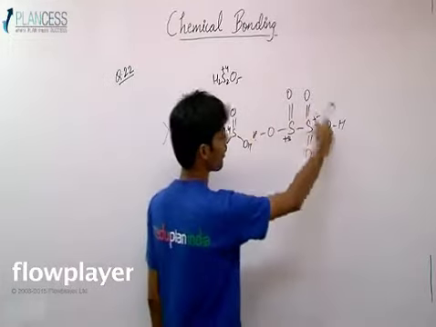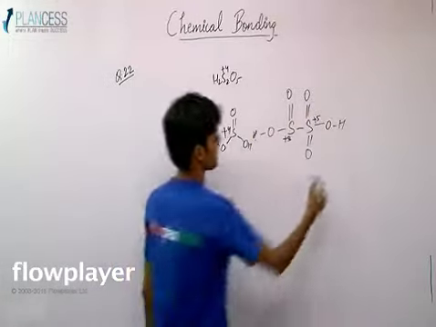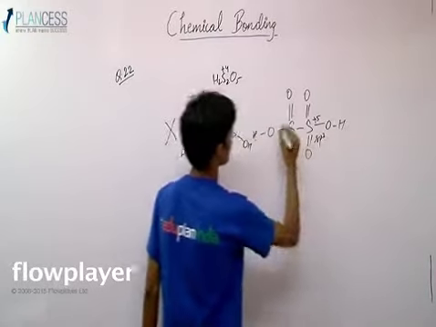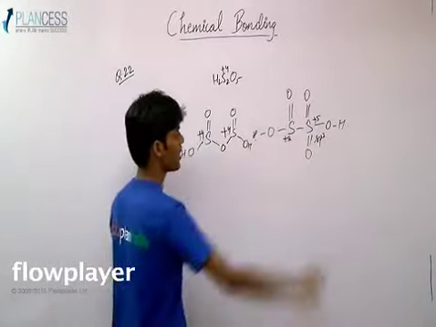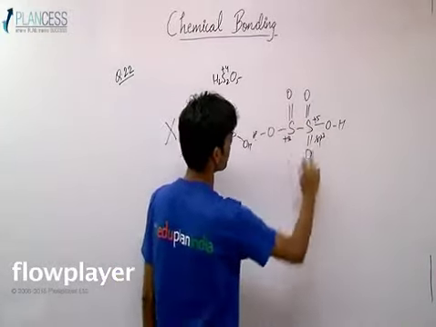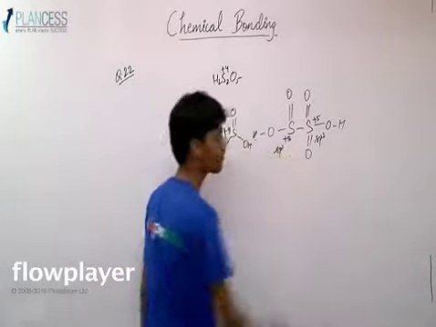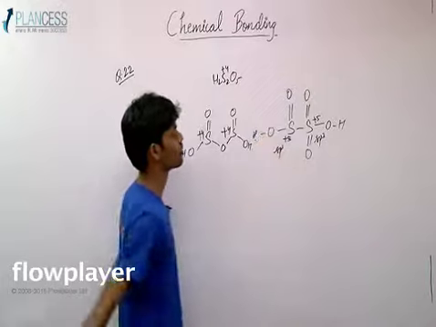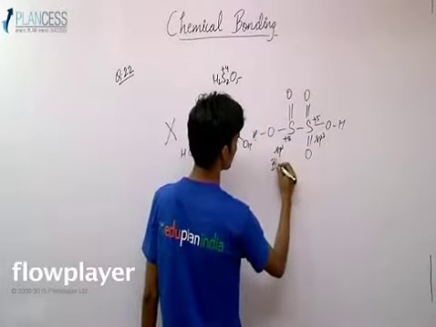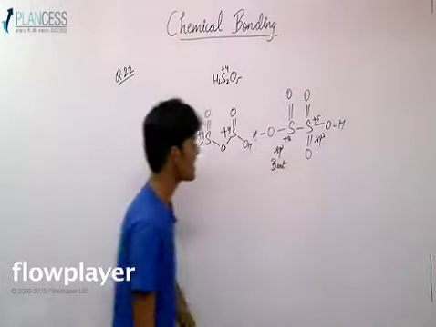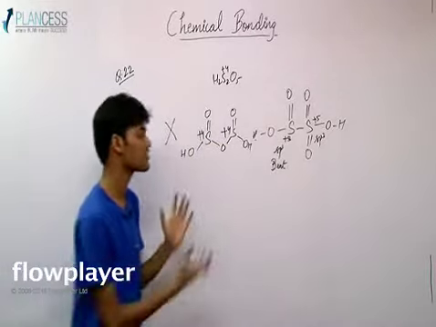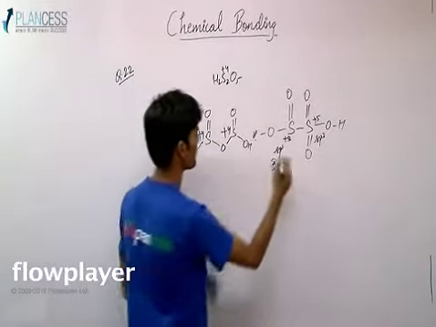It has 4 bond pairs, no lone pair, sp3 hybridized orbital, and shape is tetrahedral. In this case, it has 3 bond pairs, 1 lone pair. So it is also sp3 hybridized since the steric number is 4, but its geometry would be bent, not tetrahedral. So this is the exception to this rule, and it can also come in exams since it is an important exception.